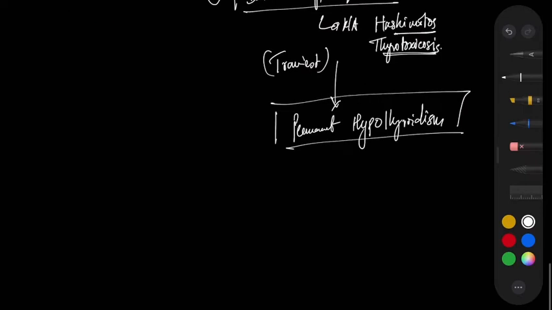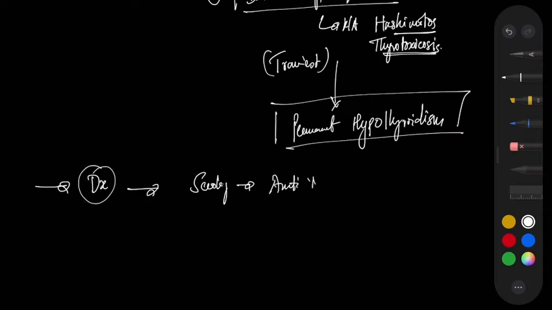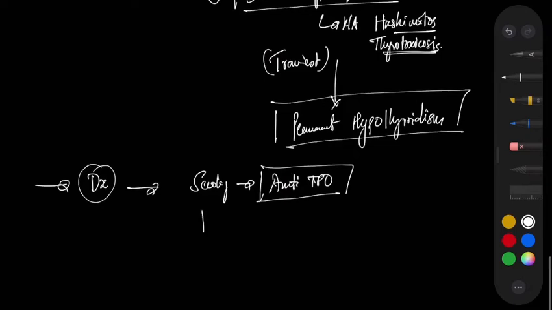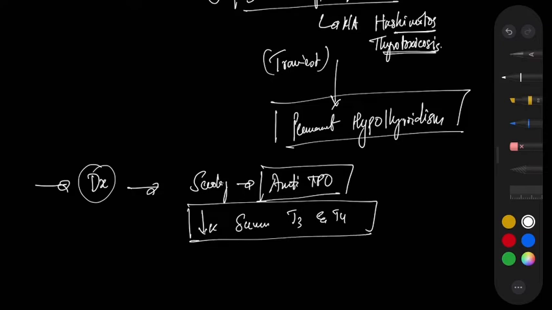Now coming to its diagnosis. On serology, we can see there are anti-TPO antibodies, which we saw in the etiopathogenesis. We also see that there is a decrease in your serum T3 and T4.